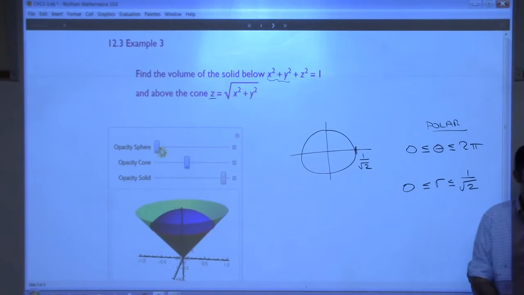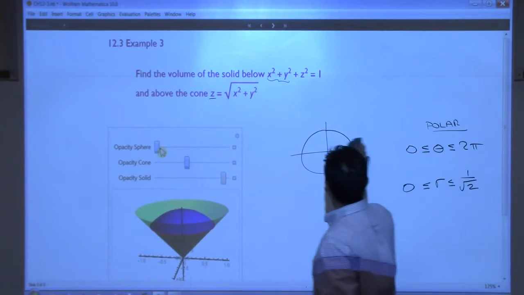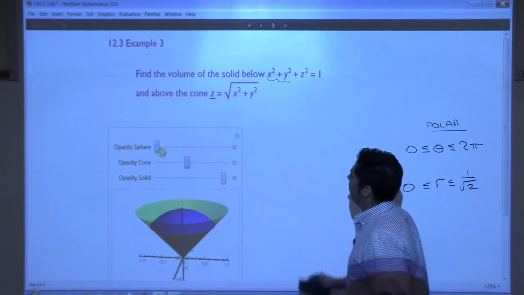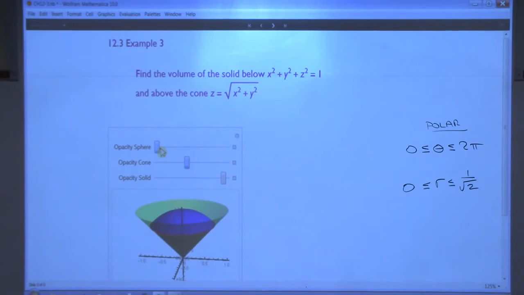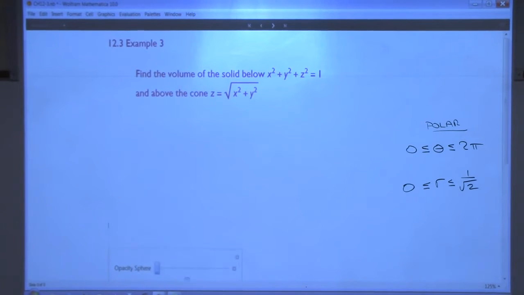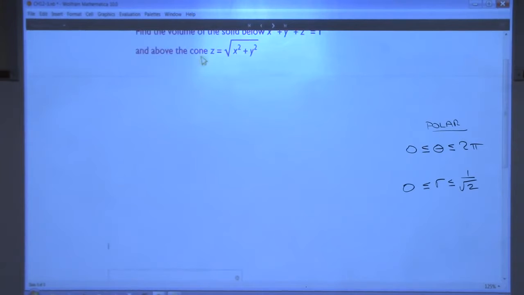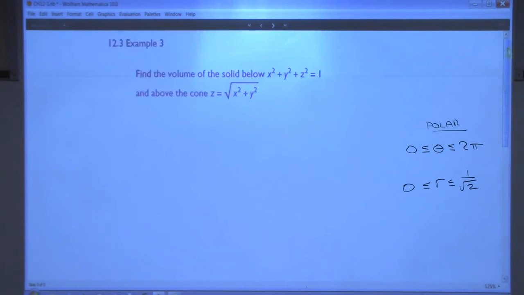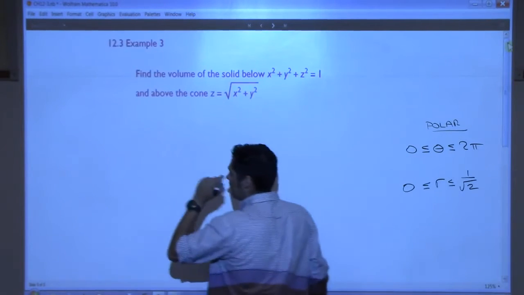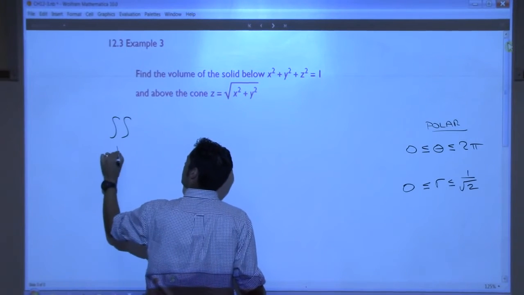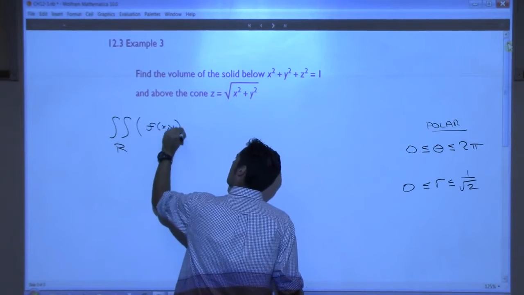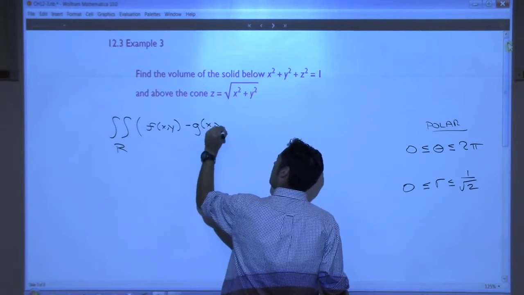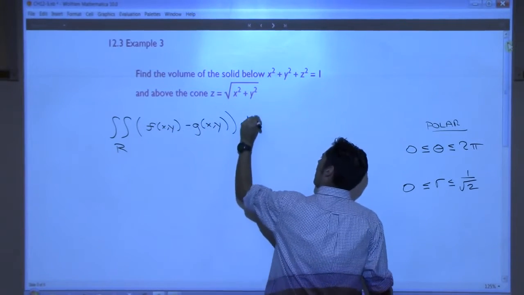So I'm going to set up my double integral. I want you to pay close attention here. This is the double integral I'm trying to set up. I'm trying to set up the double integral over some region R of f of xy minus g of xy dA.